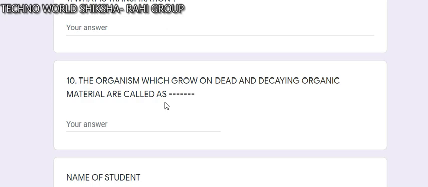Examples of saprophytic organisms are fungi, which also grow on dead and decaying matter, yeast, which we study under saprophytic organisms, and mushroom, which you eat, an edible item which your mother cooks. Mushroom is also a saprophyte which grows on dead and decaying organic material.